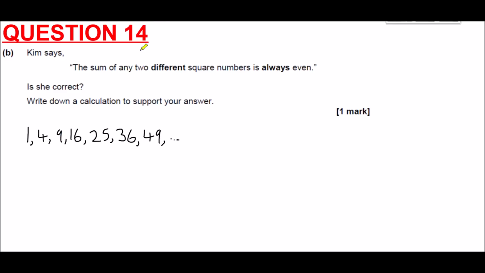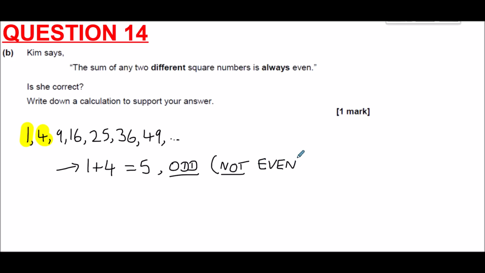But if we have a look at the first two next to each other, for example, 1 plus 4, well, 1 plus 4 gives us 5. 1 squared plus 2 squared equals 5, which is odd. And by odd, obviously, we mean not even.